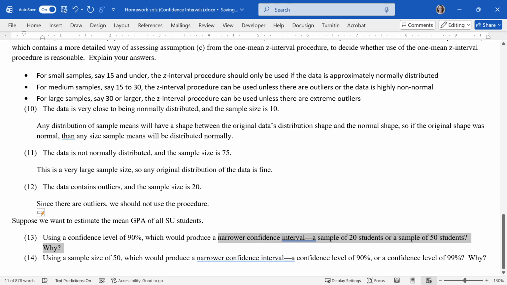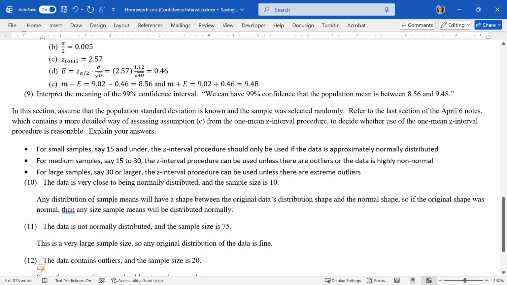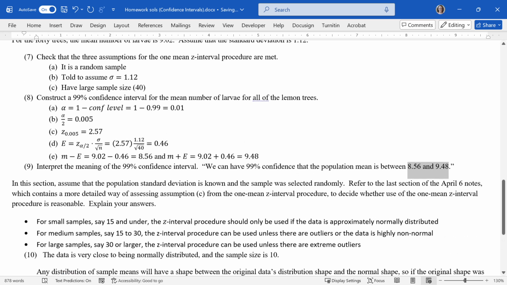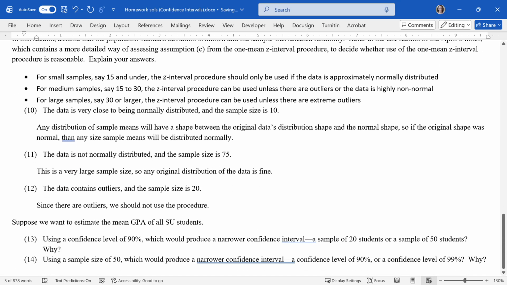What I mean by narrower is the distance between the two numbers that make the confidence interval. When we're talking about the population mean being between two numbers, that's an interval that starts at the first number and goes to the second number. Like this interval up here for the, what was it for? Oh, the larva on the lemon trees. This is a width of about 1 between those two numbers.